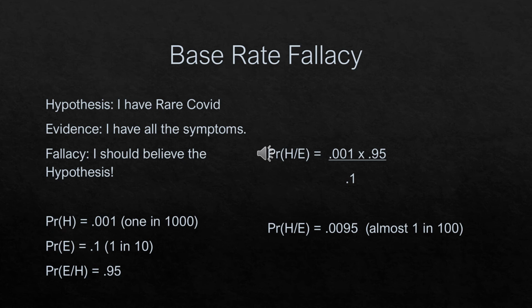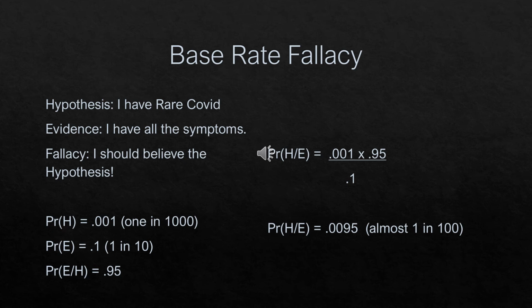That just means if I get rare COVID, I'm going to have these symptoms. Now we can run our little Bayes' theorem math on it. We're just multiplying here. The probability of the hypothesis given the evidence is equal to the probability of the hypothesis itself, multiplied by the probability of the evidence given the hypothesis. So that's 1 in 1,000 multiplied by 95%, so 0.001 times 0.95.